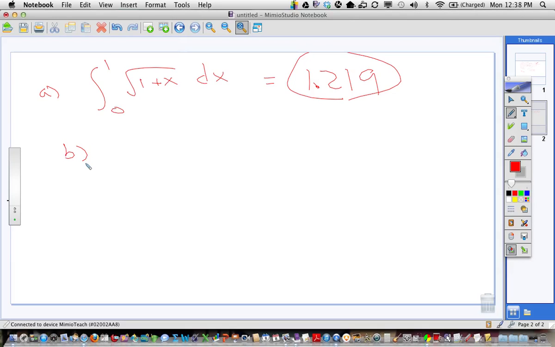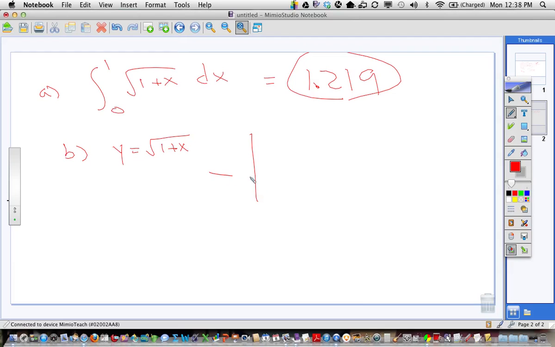Part B says, this can be thought of as the area under a curve. What curve? And draw a sketch. Okay? So what would be the curve that this would be the area under? Yeah, very easy. It's simply that function right there. And this is the area under that from 0 to 1.